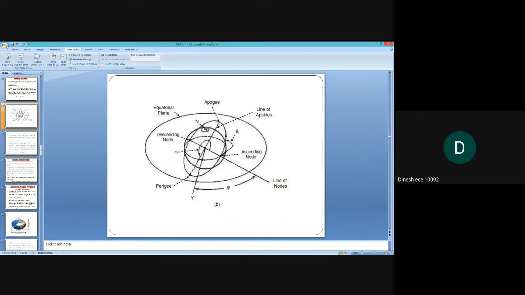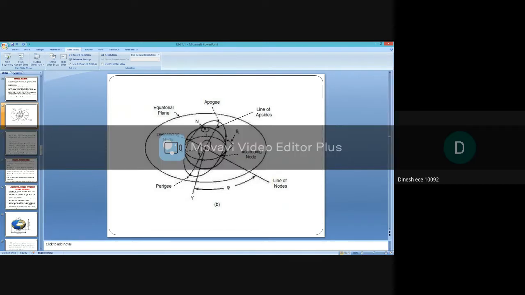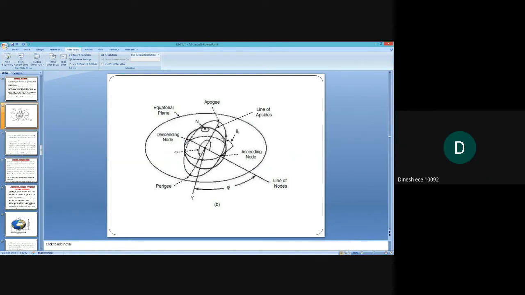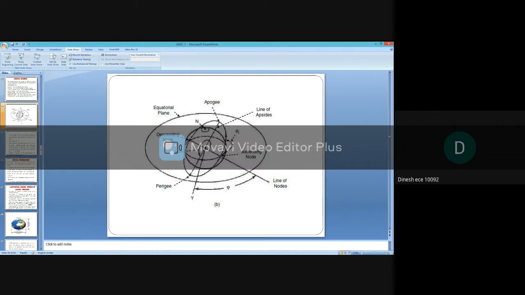Say this is revolving here, in a circular fashion. So this is the node. Then we have the ascending node. You can see here, this is revolving in this pattern. This is your ascending node, moving from south to north.